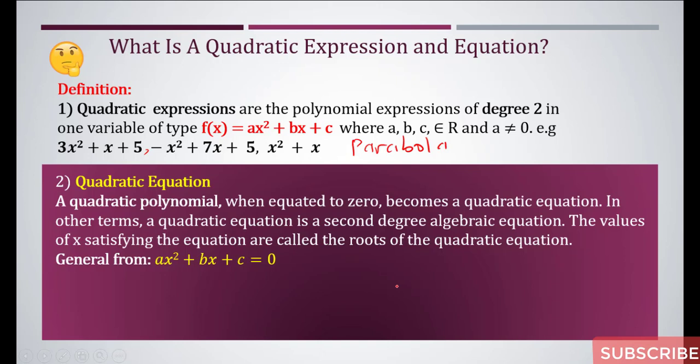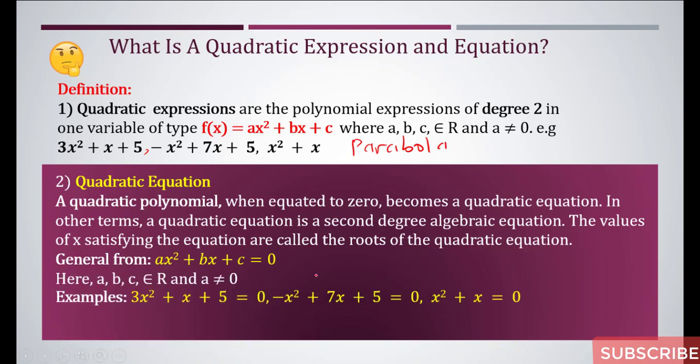The general form of the quadratic equation is ax squared plus bx plus c equals 0, and the same conditions hold as for an expression: a, b and c are all real numbers such that a should be different from 0. Examples: consider these same expressions and now equate them to 0. Equating them to 0 makes them quadratic equations. On the Cartesian plane, they all represent parabolas with respective solutions alpha and beta.